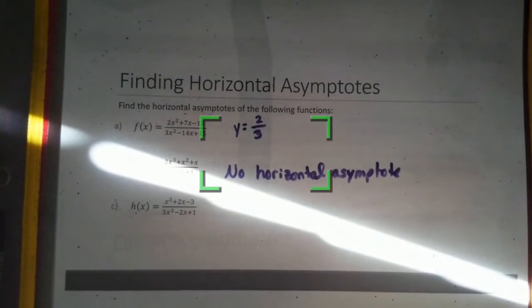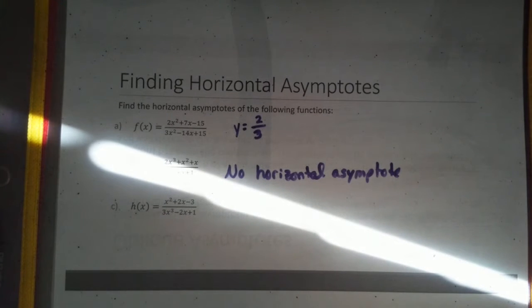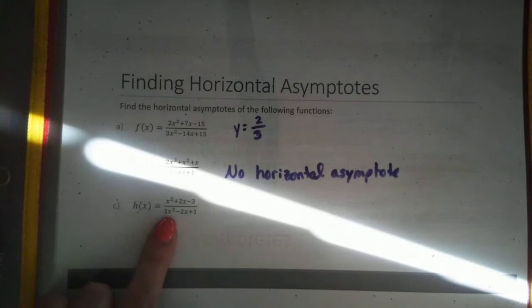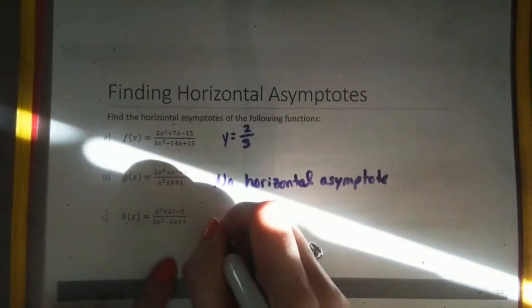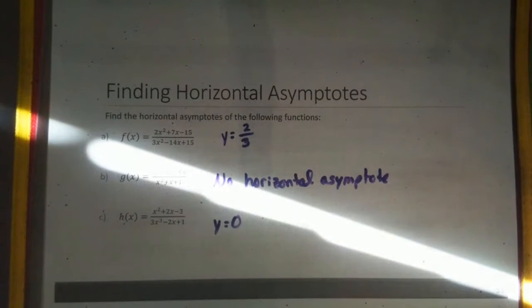Finally, for the third one, we're looking at x squared plus 2x minus 3 over 3x cubed minus 2x plus 1. Because the denominator has a higher degree, then our horizontal asymptote is at y equals 0. We don't care about the ratio if the denominator has the higher degree, it's just y equals 0.